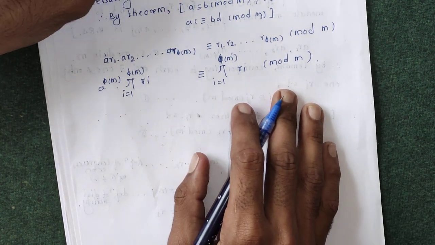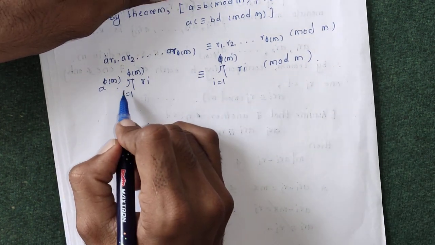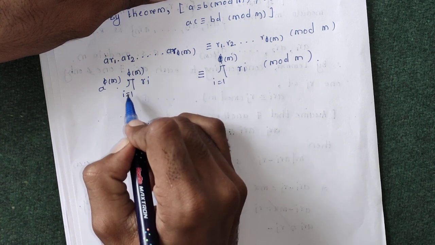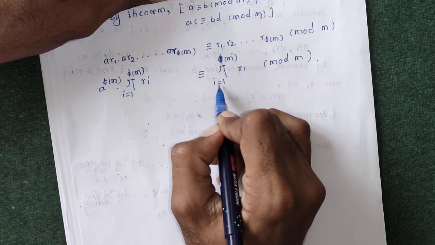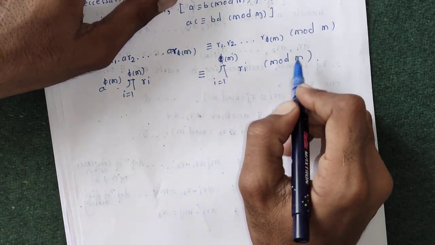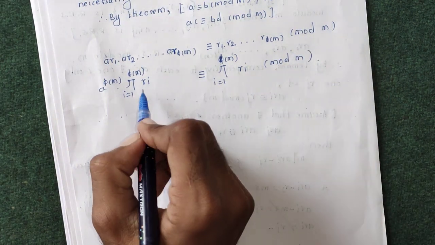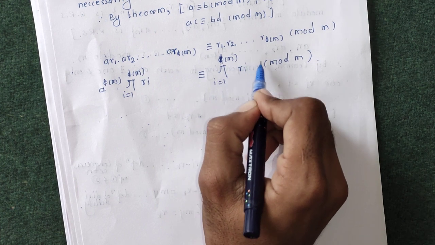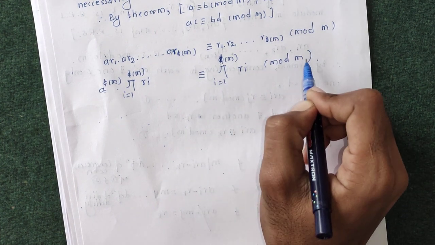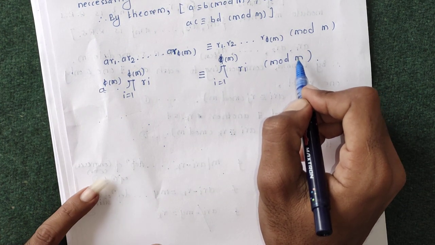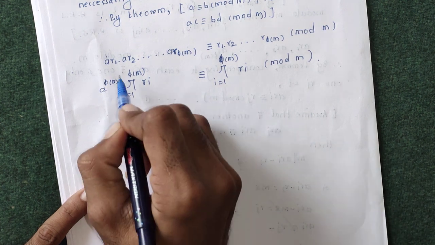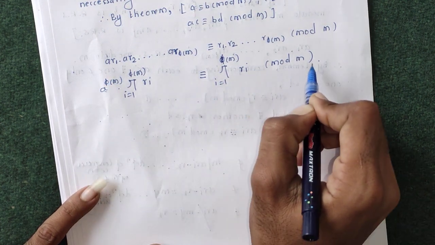Now we get a raised to phi of m into the product of ris, i running from 1 to phi of m, is congruent to the product of i running from 1 to phi of m ri modulo m. So we know the result: ax is congruent to ay modulo m if and only if x is congruent to y modulo m upon GCD of a and m.